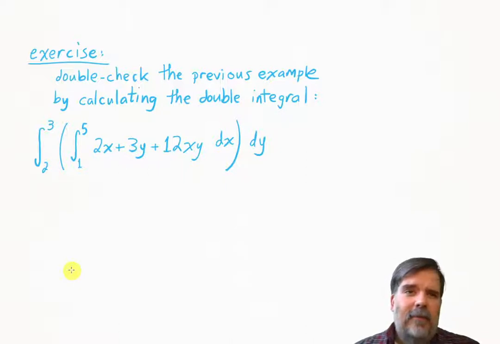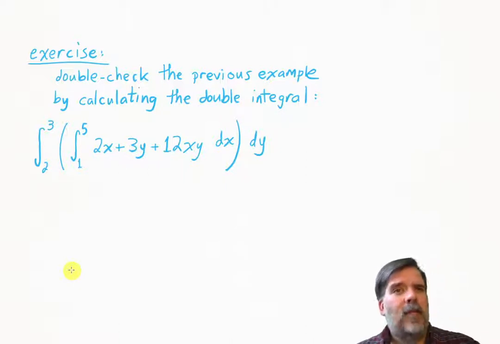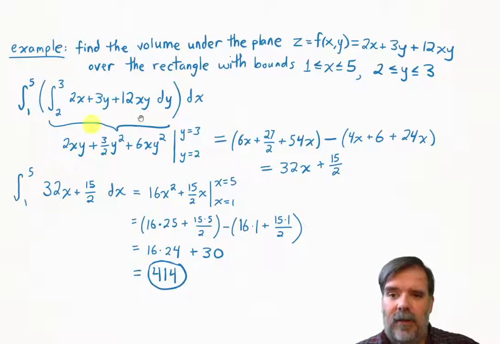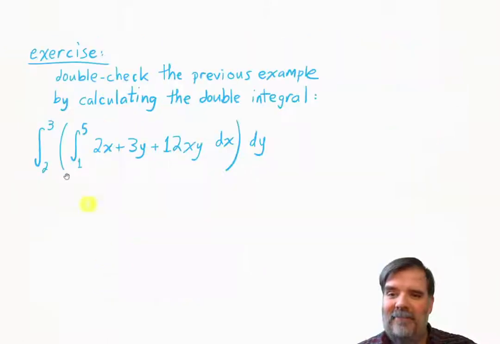I'm a big fan of you learn math by doing math, so what I'd like you to do is check the answer in that previous example. In this example, we integrated with respect to y first and then x second. So I'd like you to switch these bounds, switch dy and dx, and then integrate it and see what you get. And if I didn't make any arithmetic mistakes, I'm hoping you get 414.